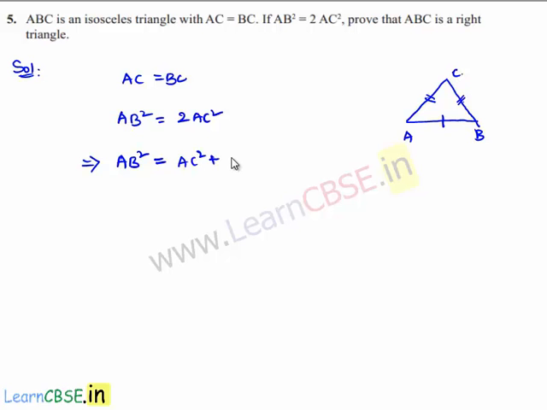AC square plus AC square, which is equal to AC square plus, we know that AC is equal to BC, so let us replace it. Then we get AB square is equal to AC square plus BC square.